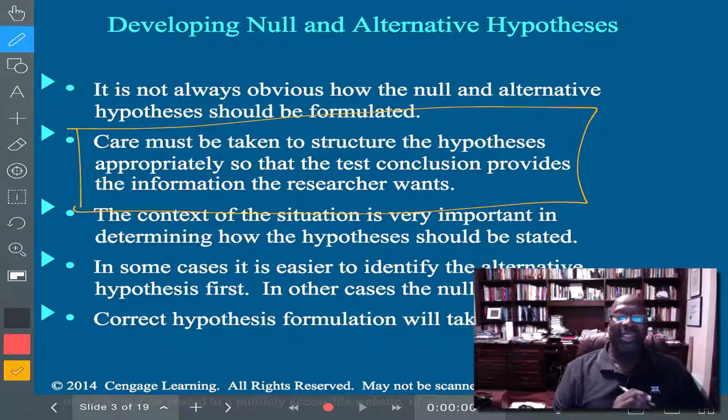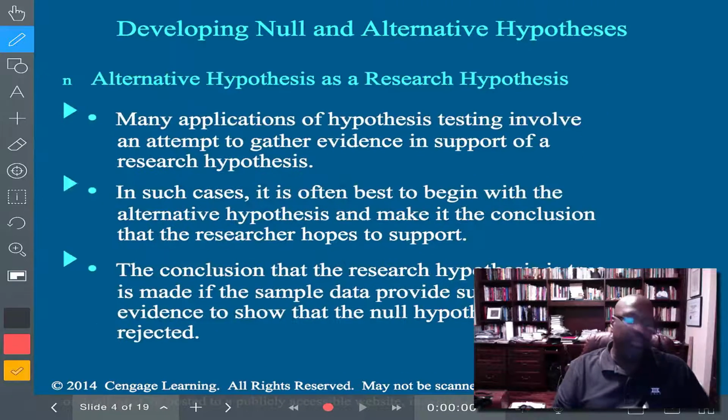The context of the situation is very important in determining how the hypothesis should be stated. So depending on the problem situation, we have to be careful how we state those hypotheses. As we get through the various situations, it would make it easier for me to demonstrate what is being talked about here. All right.